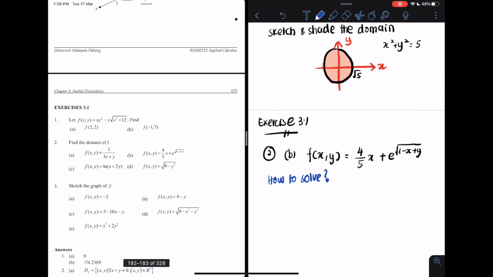Right, if you look at the function of two variables, the right hand side is actually a combination of two different functions.